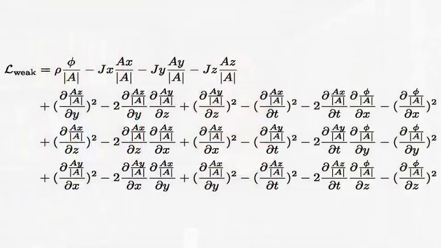So why don't I just write out the Lagrange density for the weak force, and you can tell what I did. Wherever there was an A, I put in an A over the norm of A. Ouch! I mean, that's kind of scary looking. But there is a simple concept here.